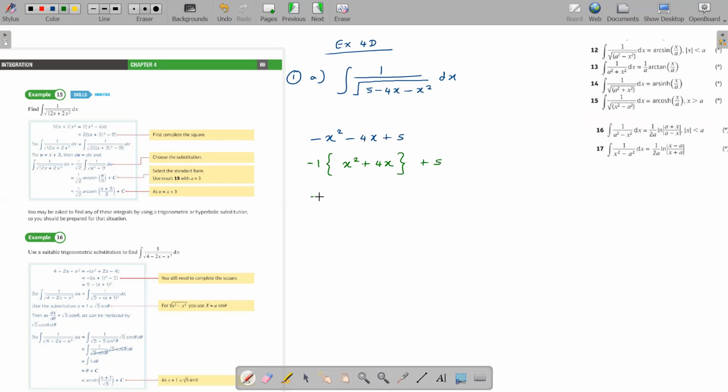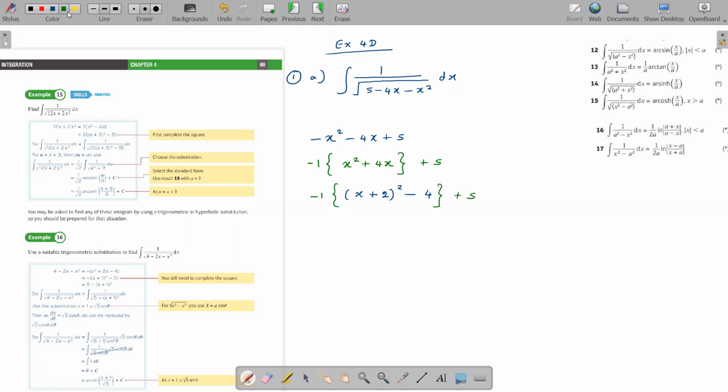Then minus 1 stays out. Inside the curly bracket, let's complete the square. Open bracket, instead of x square, we write x plus half the value of 4, which is 2. Close bracket, square. Compulsory minus 4. Right? And then close the curly bracket and we have plus 5.